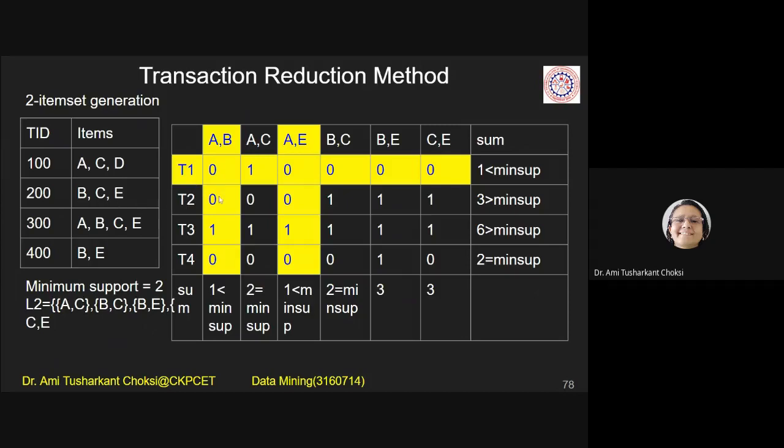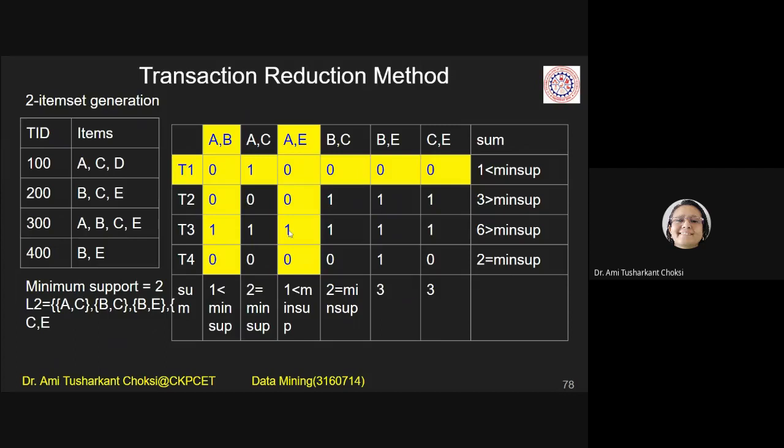Now, for T2, BCE. For AB, no. AC, no. AE, no. BC, yes. So 1. BE, 1. CE, 1. So row wise total, 1 plus 1 plus 1, is equal to 3, which is greater than minimum support. T3 transaction, A, B, C, E. So for AB, yes.